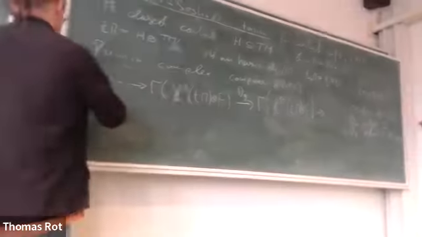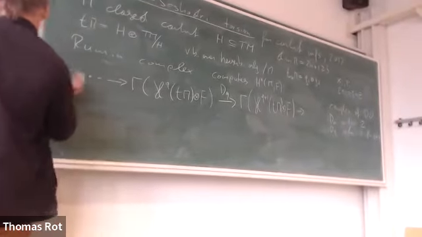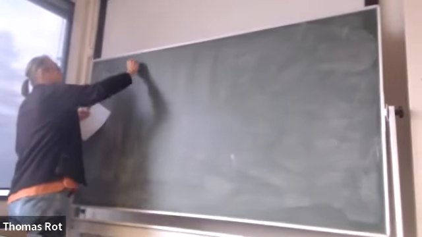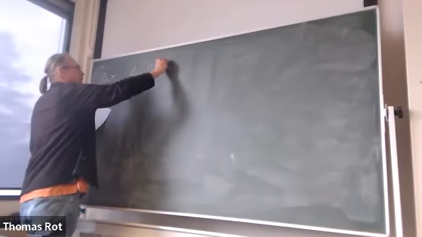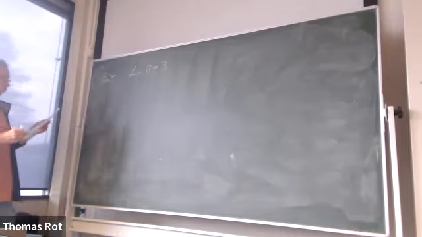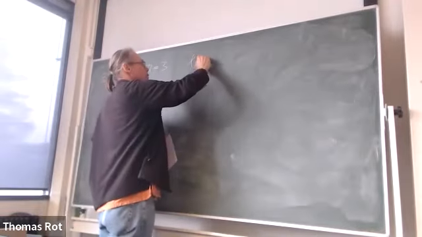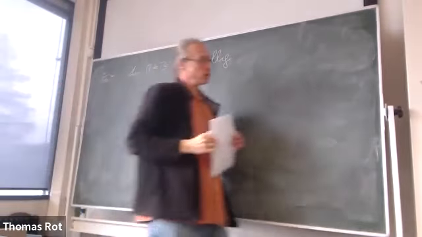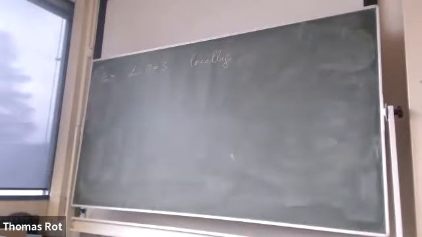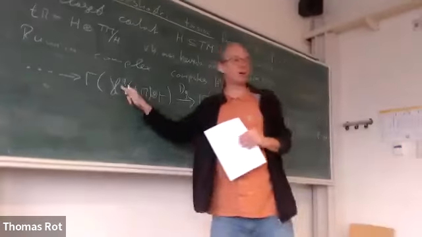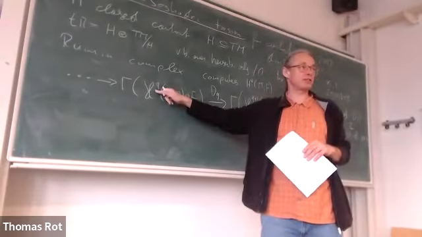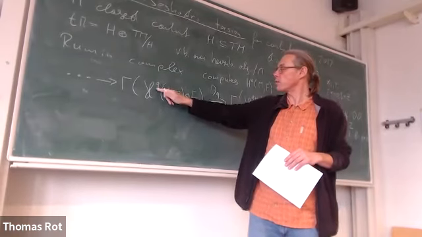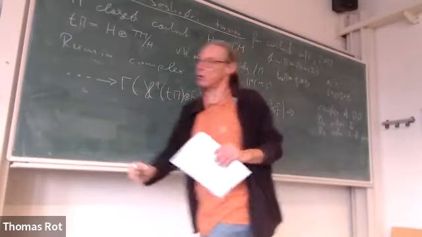But let's look at dimension 3. The dimension of M is 3. Then locally all contact manifolds look alike. These cohomology groups, the zeroth cohomology group of the Lie algebra, is just one-dimensional, and the second cohomology is two-dimensional.